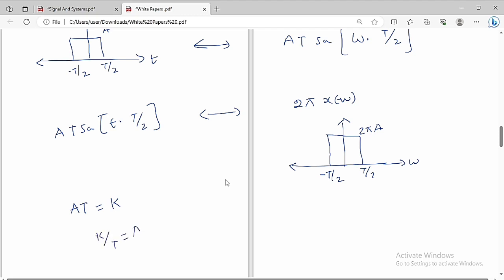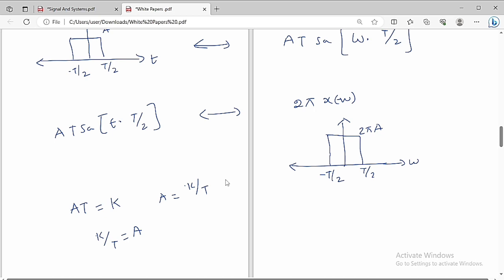K by T is equal to A. So A is equal to K by T, I can write.